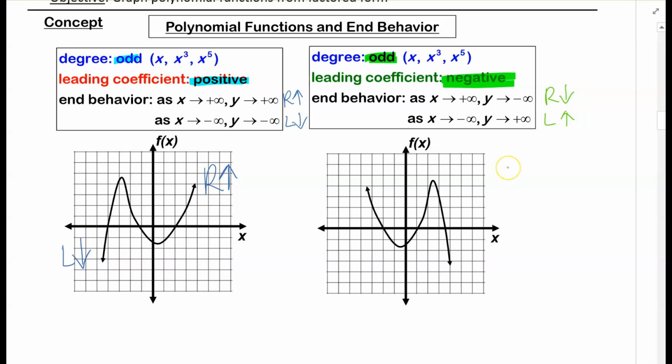So if I look at my graph, I can see my right side here is going down, and my left side is going upwards. So this is an odd negative versus an odd positive.